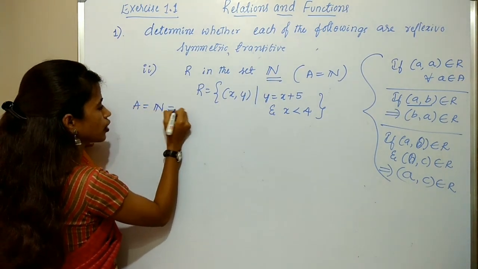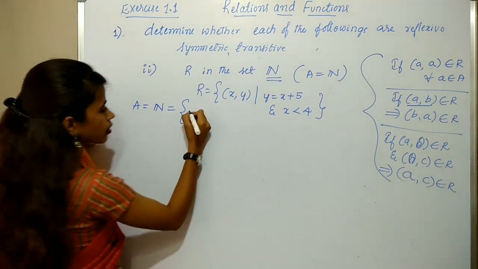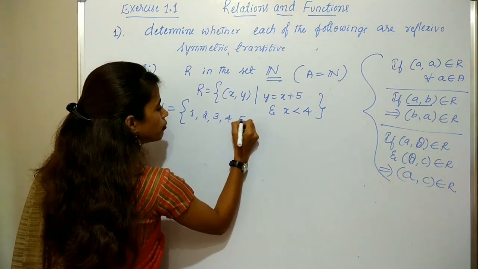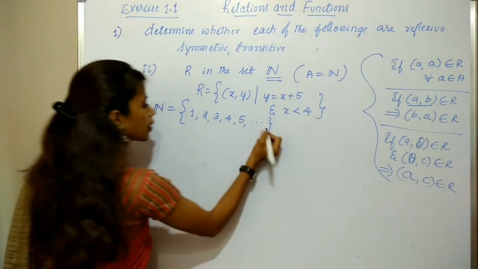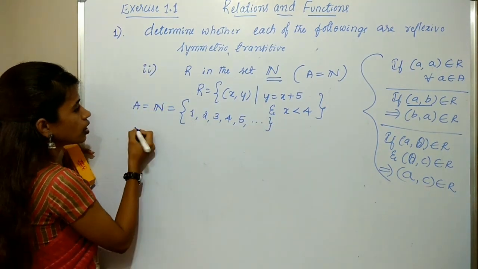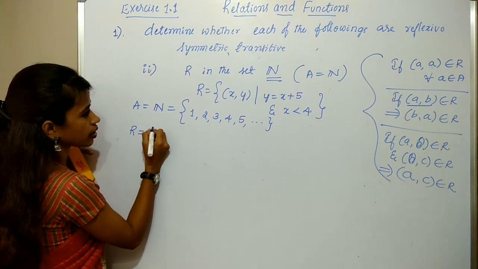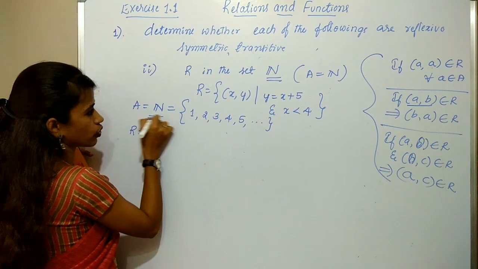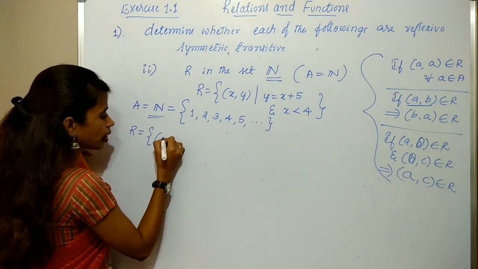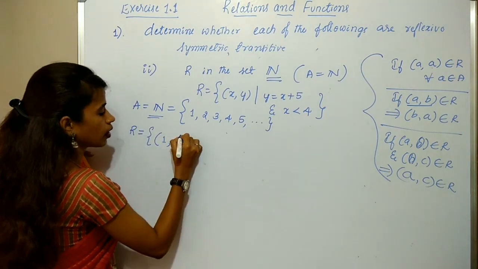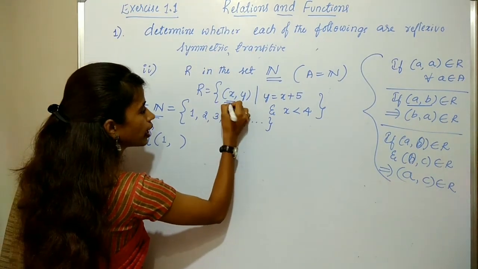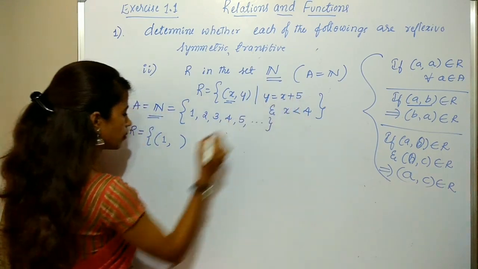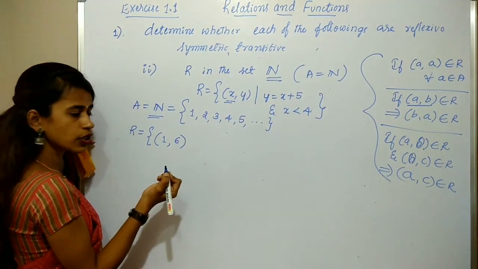Natural numbers, meaning counting numbers 1, 2, 3, 4, 5 and so on. Here, first I am taking 1. If I take 1 in place of x, what is y? 1 plus 5, that is 6.